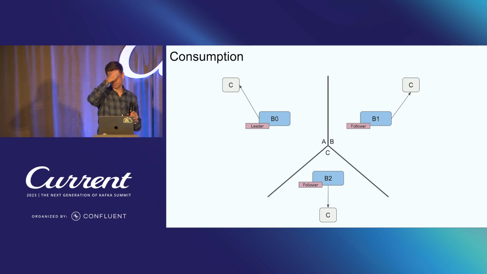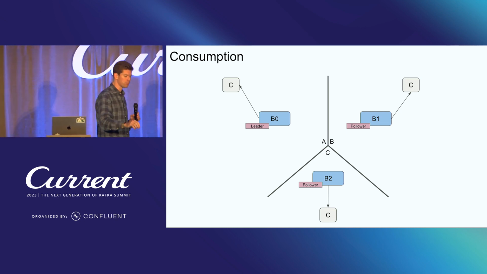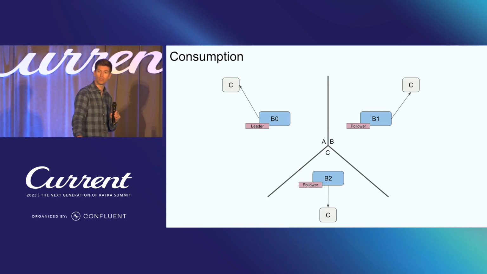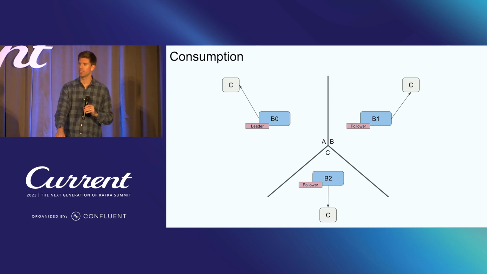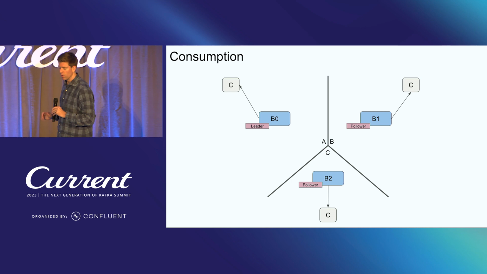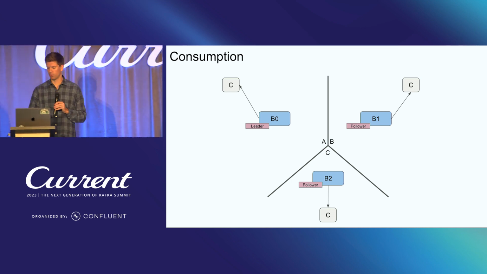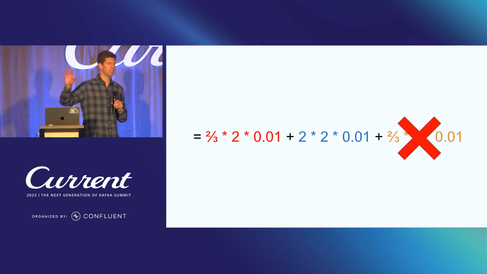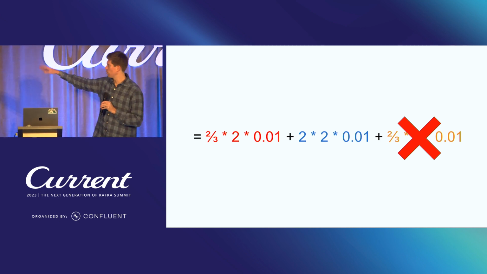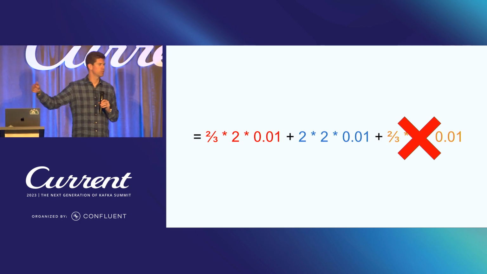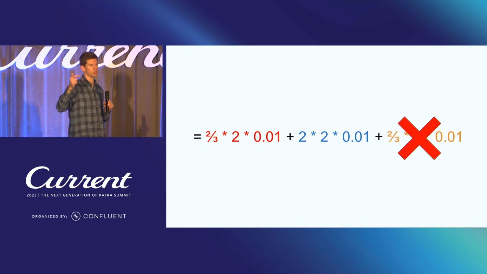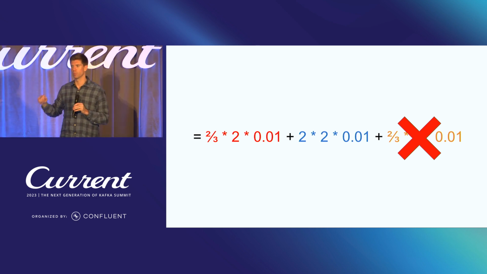So how does this work? Instead of reading from the leaders where we had to go cross zone, you can read from the nearest replica of that data, right? What does this do? Well, let's go back to our network problem. That eliminates all the orange numbers, right? So this gets rid of a bunch of factors, and I think this goes down to 14/3 times your throughput times 1 cent.